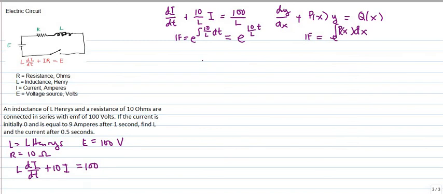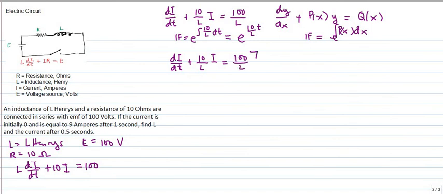Now, once we find our integrating factor, we will multiply it to this equation, so we write again di/dt plus 10 over L times I, which is equivalent to 100 over L.